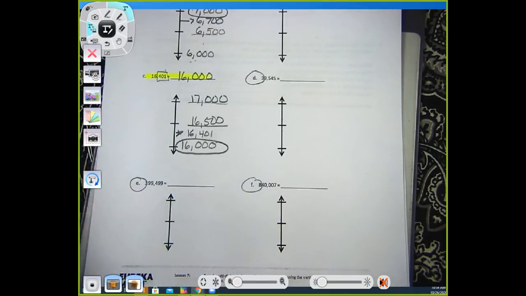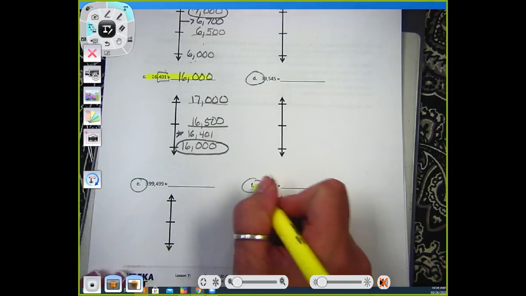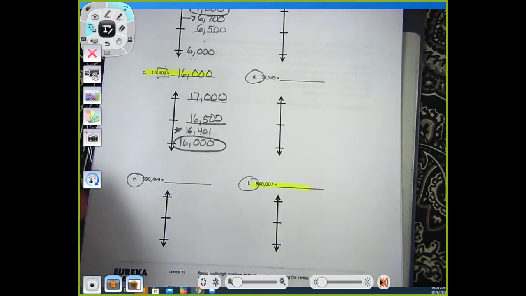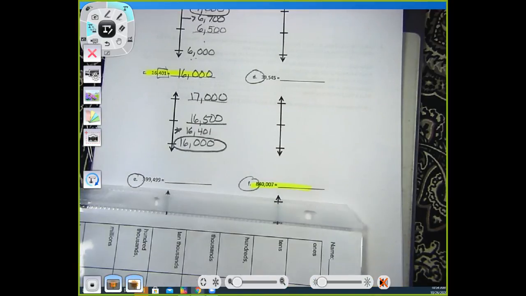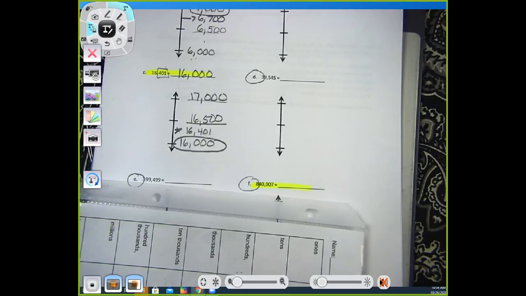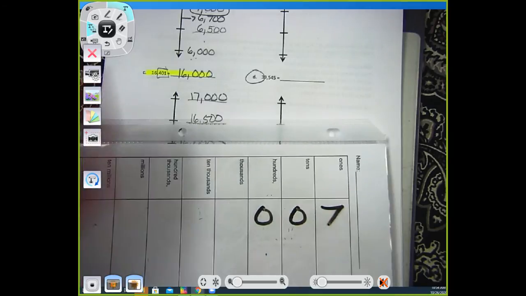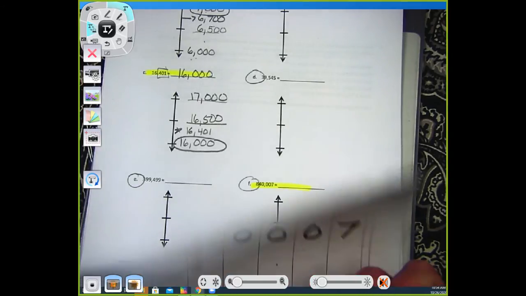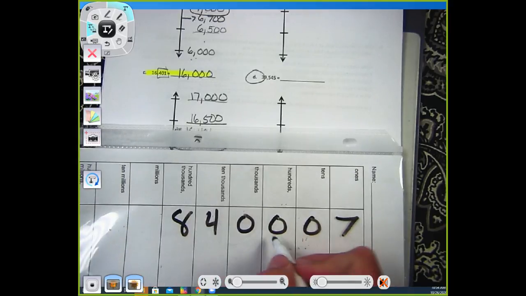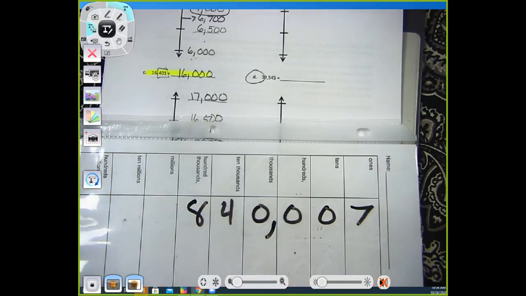Okay, I'm going to skip around a little bit. And if you're working with me, we're going to do letter F. So same thing. I want to write it on my place value chart. And when I write it on my place value chart, remember I'm starting in the ones going over. What digit is in the thousands place? Because that's what I'm rounding to.